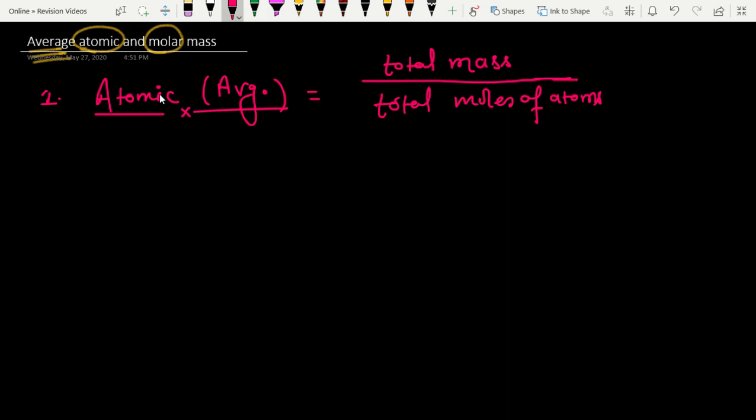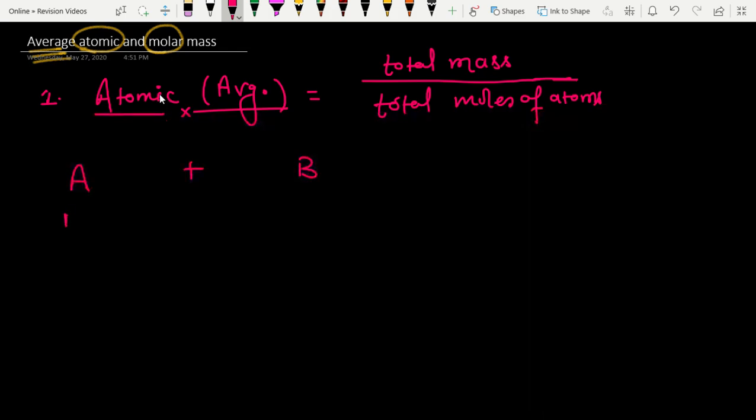Let's say we have a sample which consists of two different atoms, atom A and atom B together.